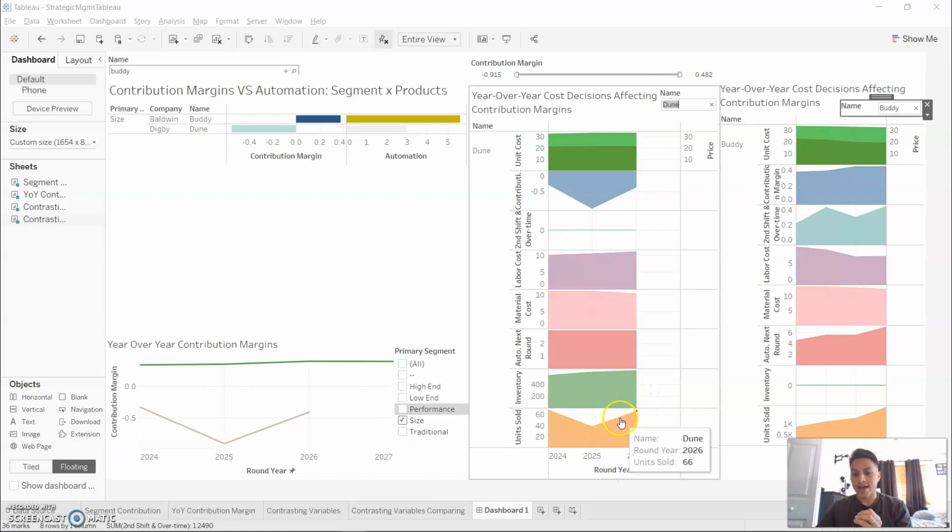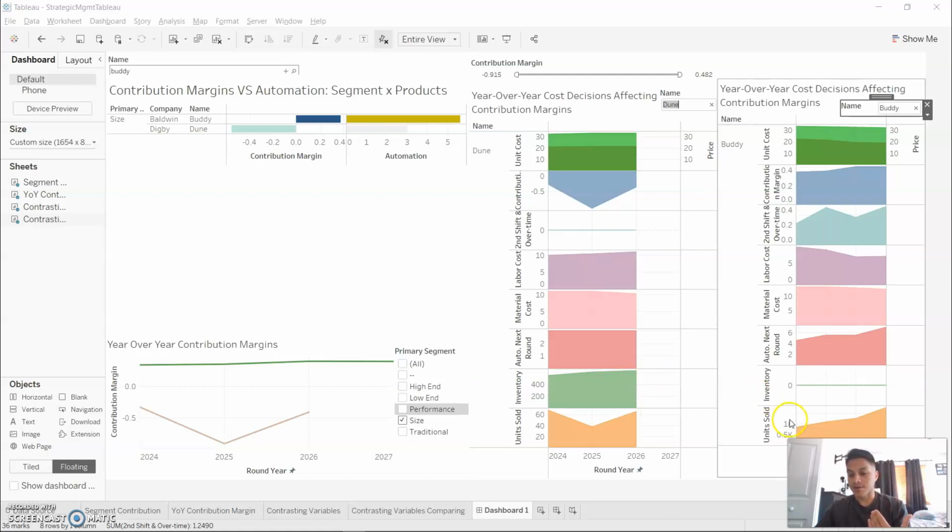For example, in 2026, it sold 66 units of 636, about 10-11% of the inventory that it produced, whereas Buddy has very effective marketing of its product because it sold all the inventory, meaning that it didn't have to add the cost of carrying inventory to its contribution margin, which ultimately increased its contribution margin. So that concludes the video.